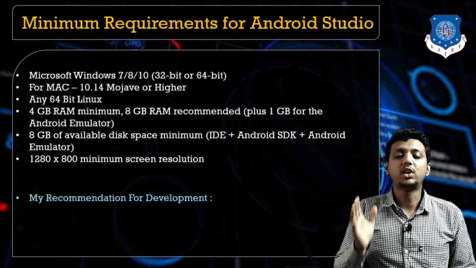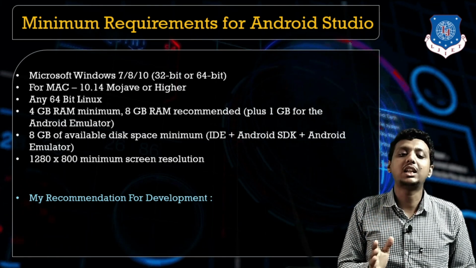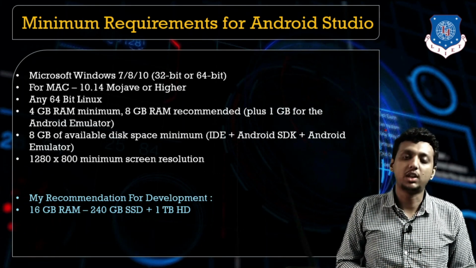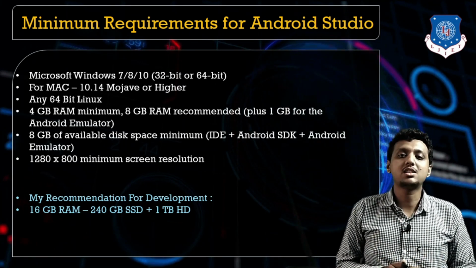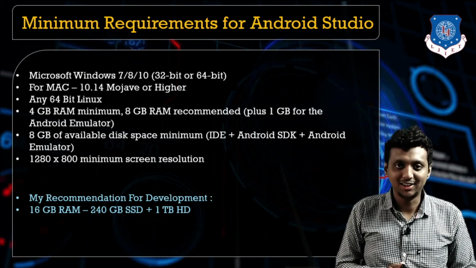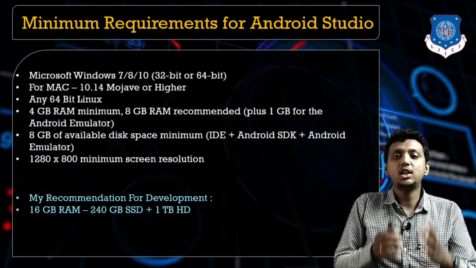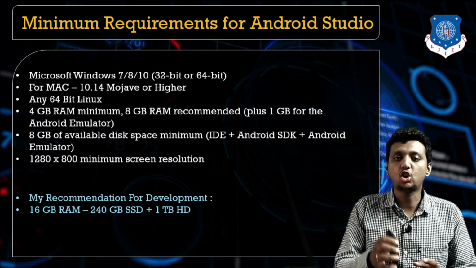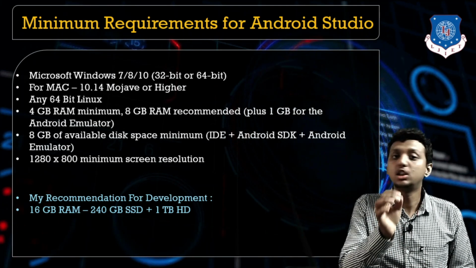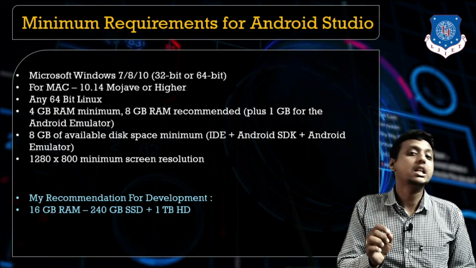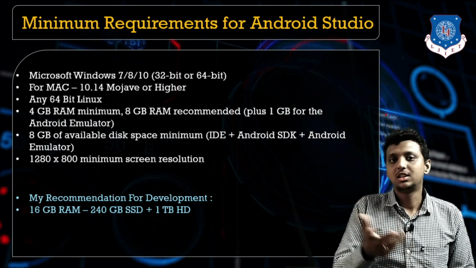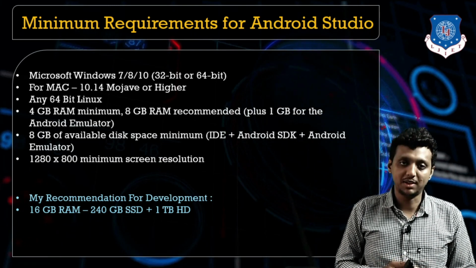So I suggest your system contain 16 GB RAM as well as a 240 GB SSD, because an SSD gives fast performance as well. So it is recommended to use 16 GB RAM and a 240 GB SSD in your computer system to run the operating system. Then if you have a 1 TB hard disk or an external hard disk, it will be great for storage purposes.